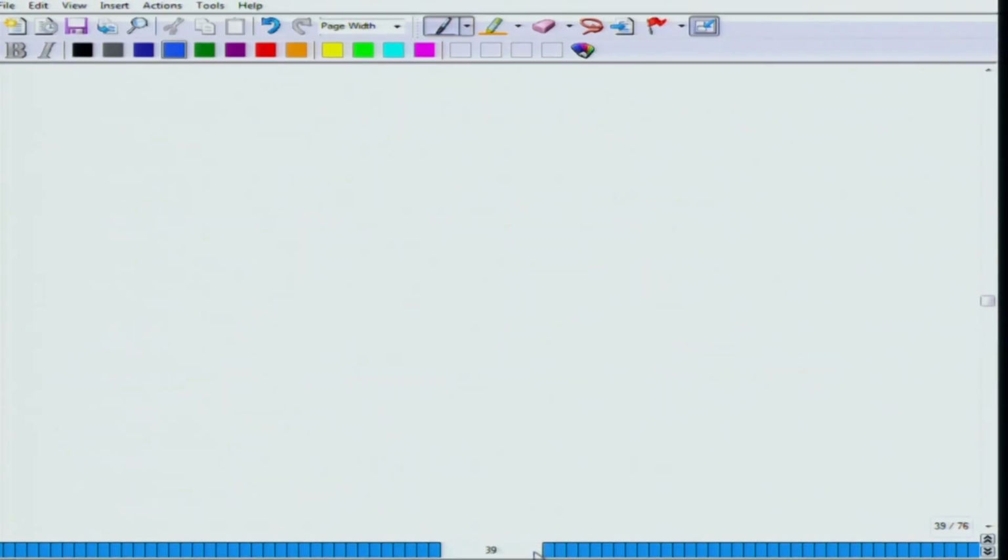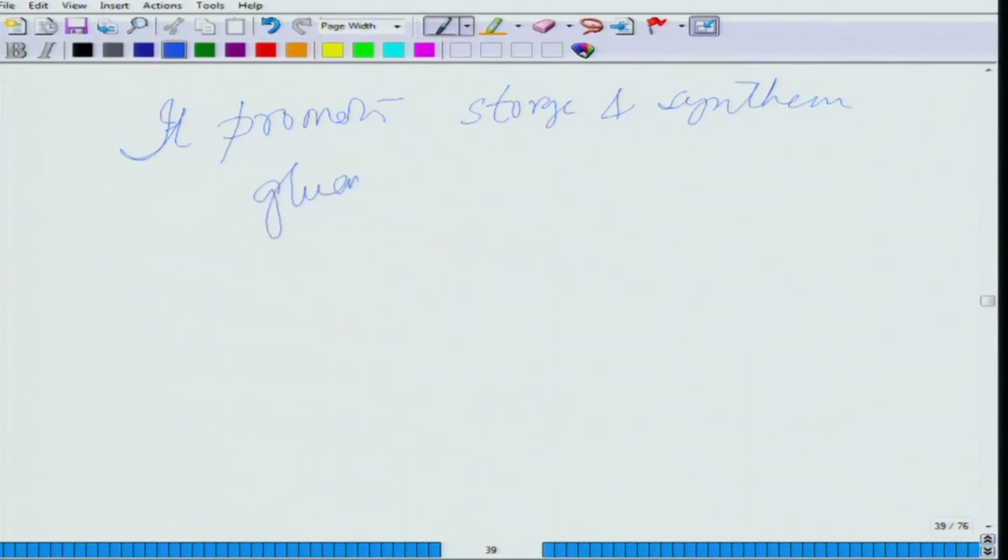Okay. And second thing is that it promotes the storage of glucose and fat, and synthesis of protein.